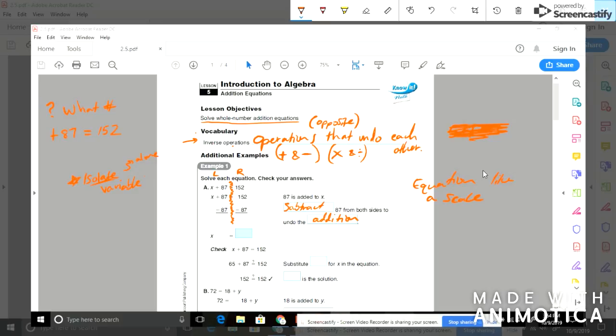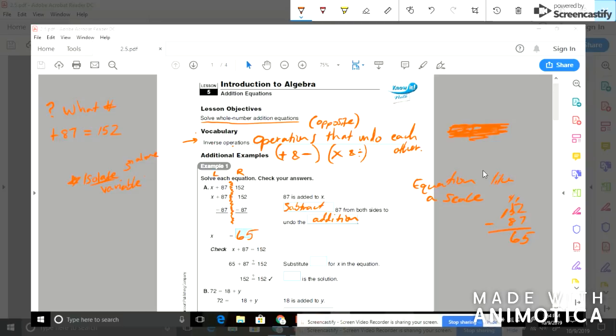So if I were to take 152 and subtract 87, what would I get? 2 minus 7, I can't do that. I'll borrow. That'll become a 4, and that'll become a 12. 12 minus 7 would give me 5, and 14 minus 8 would give me 6. So x would be equal to 65.